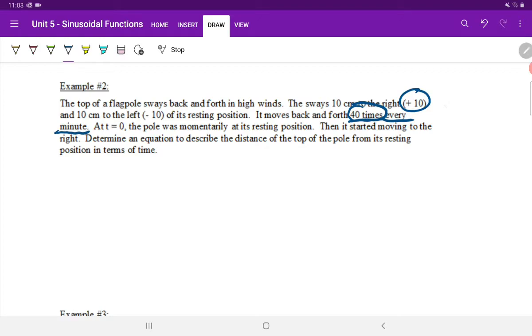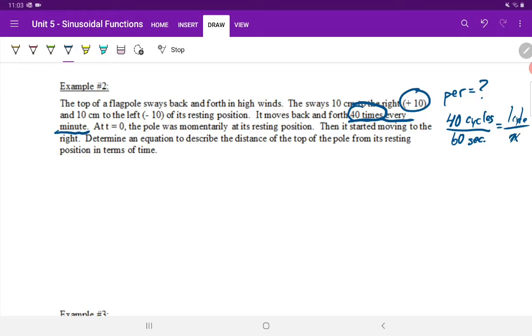And you know what? I'm going to do that right now. So if we have 40 cycles in 60 seconds or 1 minute, okay, we want to find one cycle, and we want to know how much time it takes to do that.